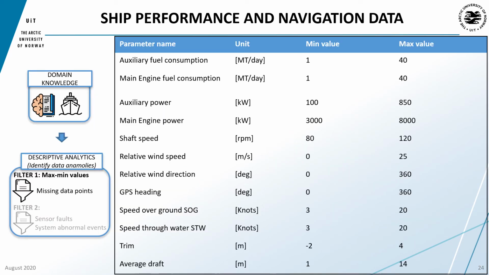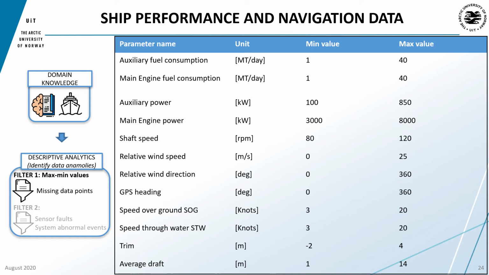Ship performance and navigation data. We managed to obtain a ship performance and navigation data set from a real bulk carrier. There are 12 parameters in this dataset: auxiliary fuel consumption, main engine fuel consumption, auxiliary power, main engine power, shaft speed, relative wind speed, relative wind direction, GPS heading, speed over ground, speed through water, trim, and average draft.